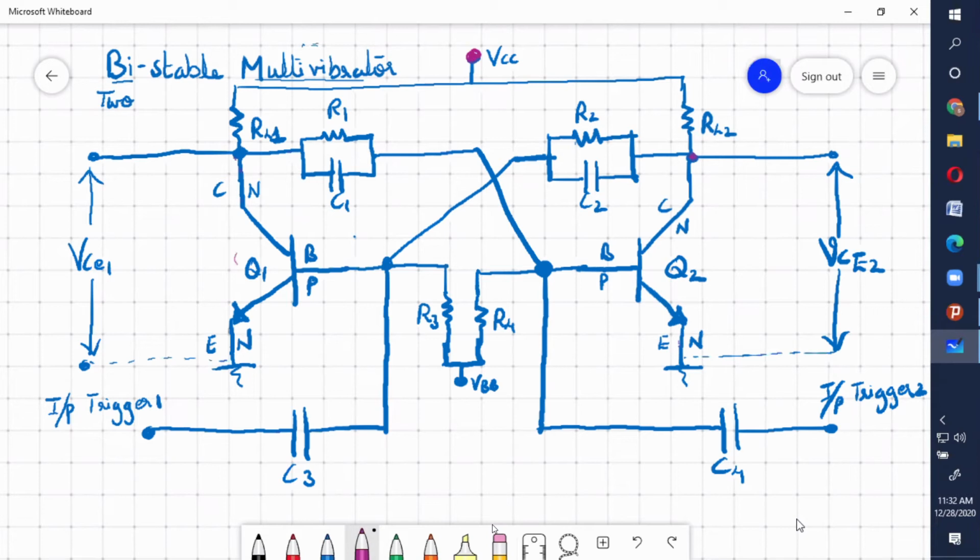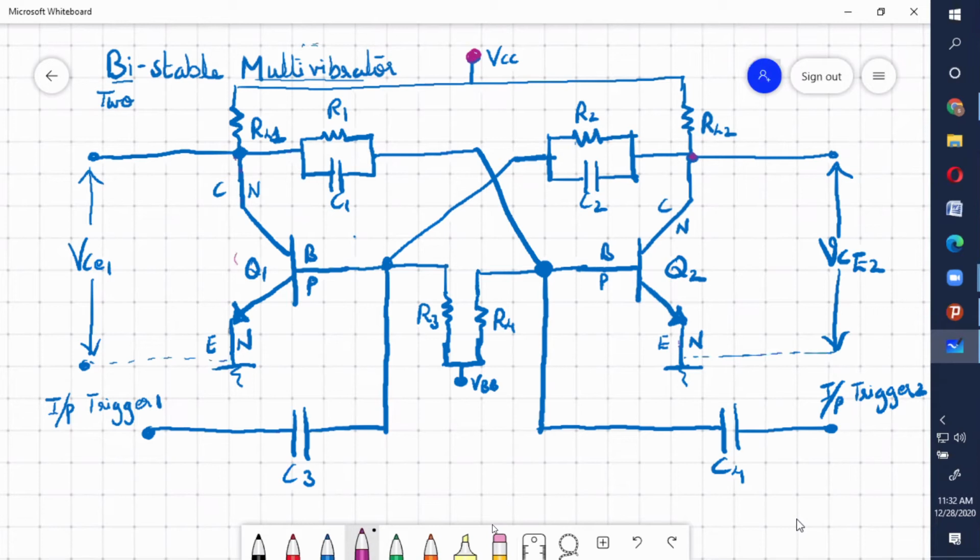When transistor Q1 is off, the collector has the value VCC. If the transistor is on, there is a short between collector and emitter, so the value at the collector is zero. That's it.